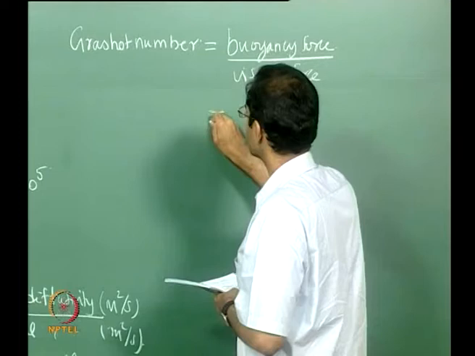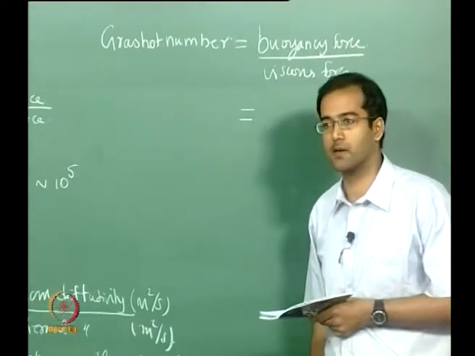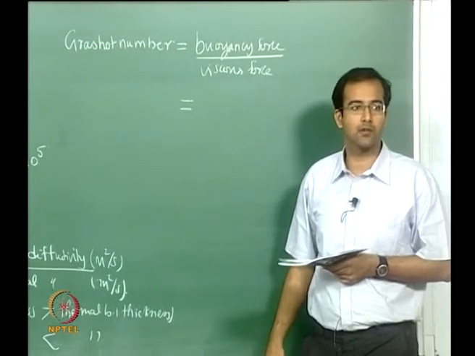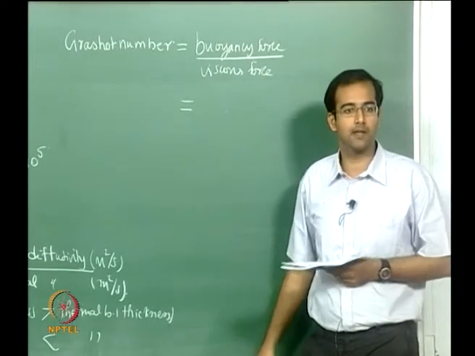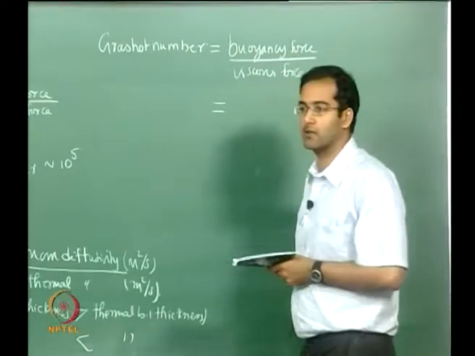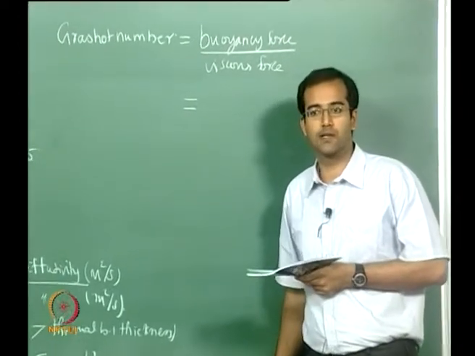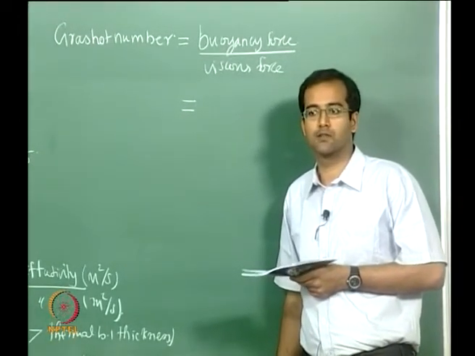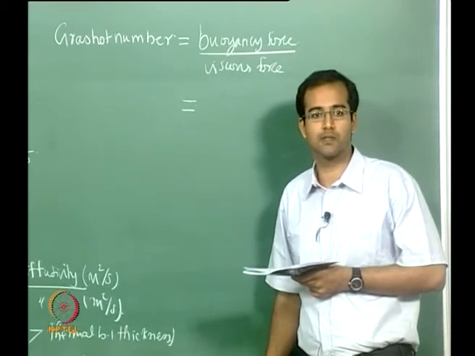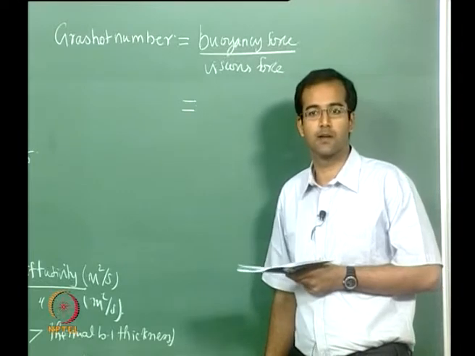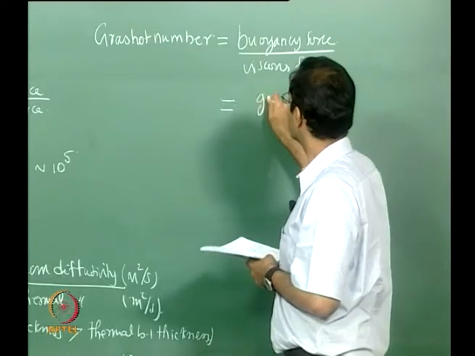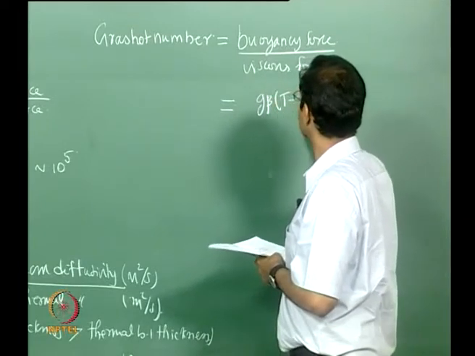Your net buoyancy force is basically the force acting downwards due to the weight of the fluid, the gravity, minus the force acting upwards due to buoyancy, that is the net force. So that is rho minus rho infinity, into acceleration due to gravity. If you apply the Boussinesq approximation and replace the density difference with temperature difference, you can write it as g beta into T minus T infinity.